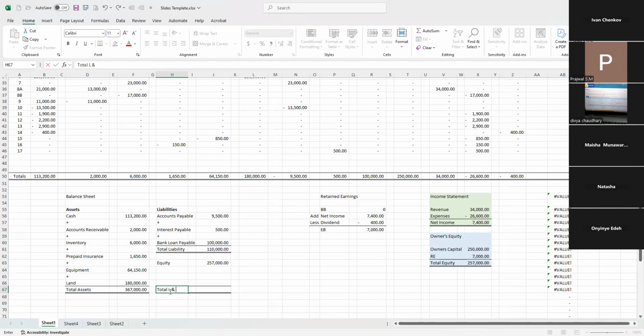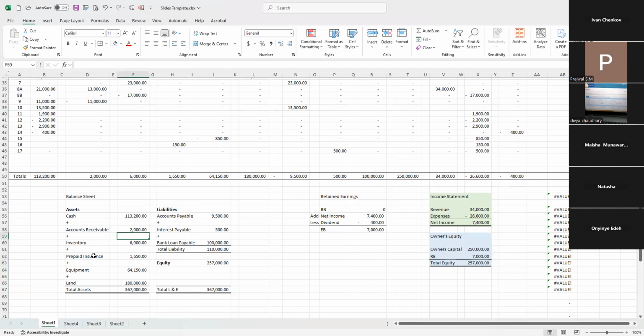And the last thing left is to calculate our total liability and equity. How much is that? 367,000. Are you sure? Yes. So that means we're not in balance. Or we are in balance. We are in balance. I'm joking. Let's get those two together. Boom. 367. Just like magic.